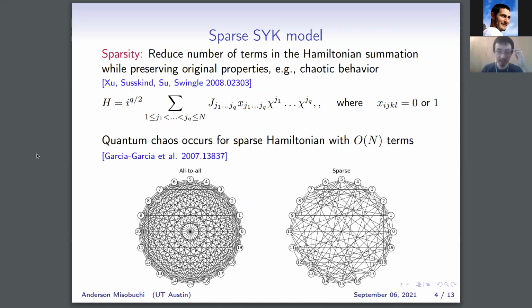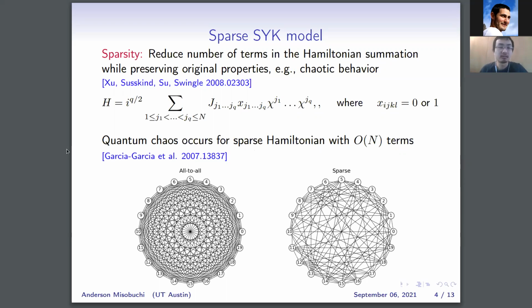The idea is actually very simple. You just take the original model with the random interactions and the all-to-all terms, and you start deleting them. So you can introduce some coefficient x, and you can choose it to be either 0 or 1. Each choice of these coefficients is going to lead to a different sparse SYK model.